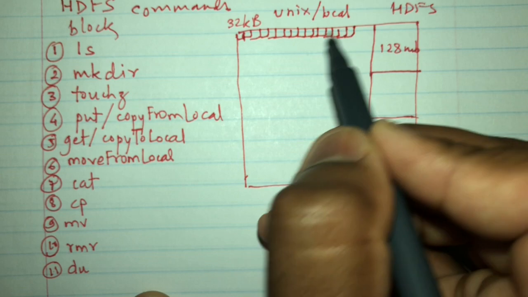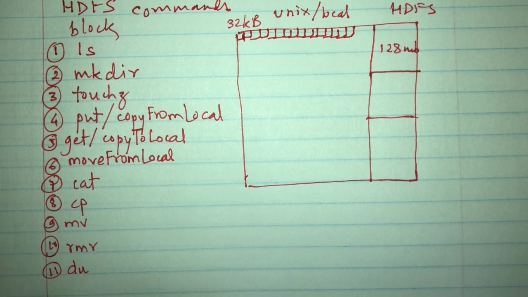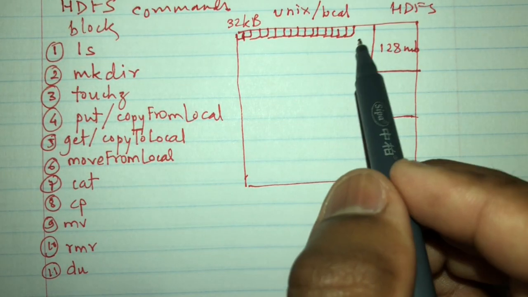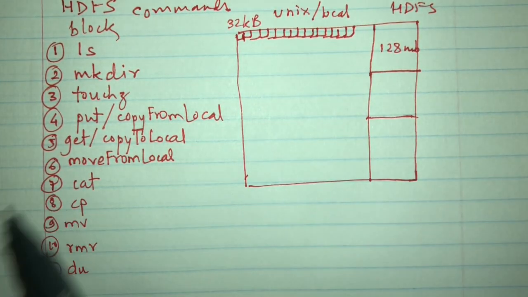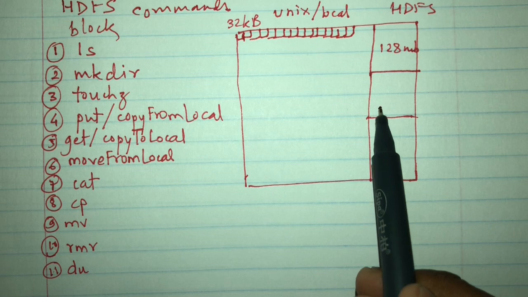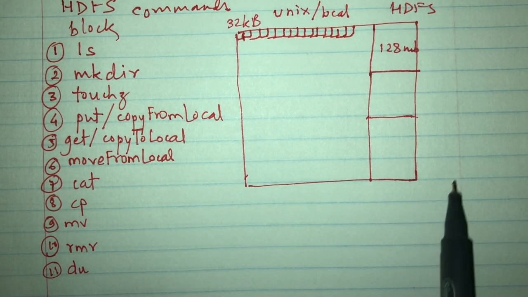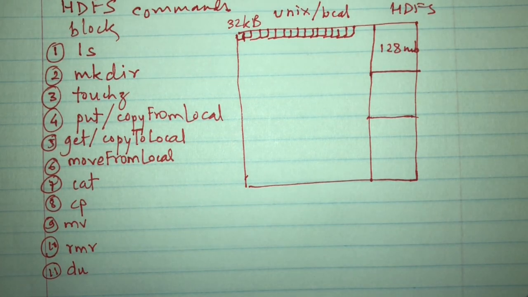So that's almost 2000 times greater than the local file system. When we say I'm accessing a file from the local file system, that means I'm accessing a file present in the hard disk over here. And if I say I'm accessing a file from HDFS, that means I'm accessing that file from the same hard disk but from a different area of the hard disk.